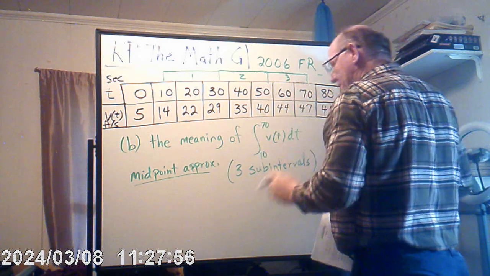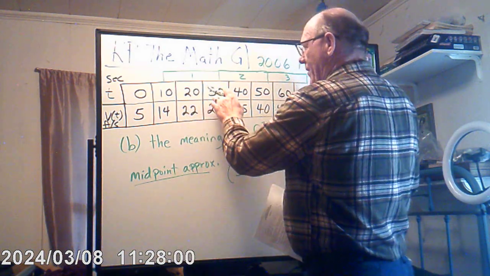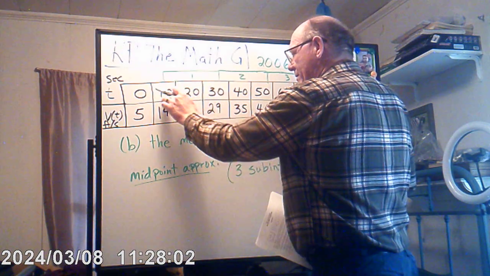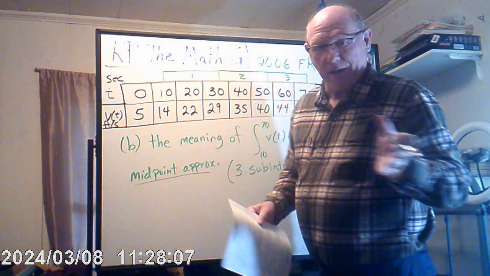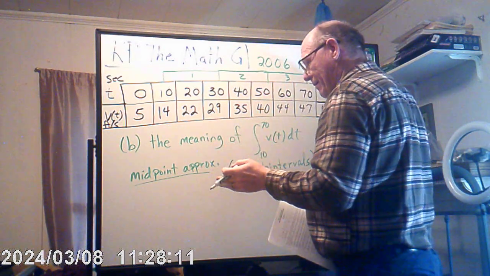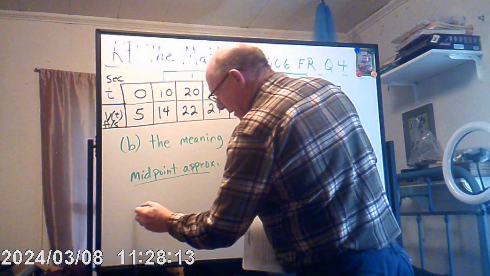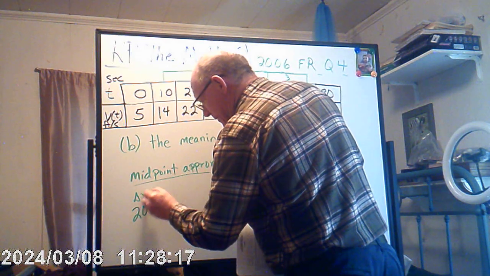They're of equal length. How far is it? 30 minus 10 is 20. 50 minus 30 is 20. 70 minus 50 is 20, so they're even. So we know that delta x is 20.